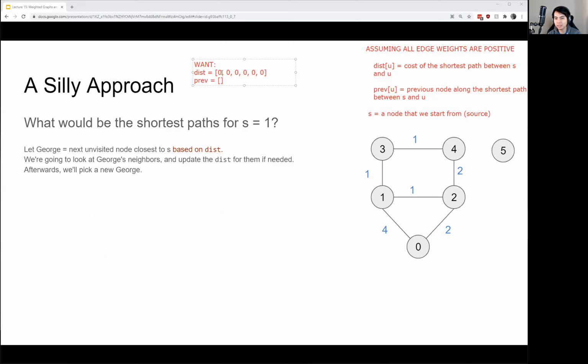The distance from 1 to itself will be 0. The distance from 1 to 2 will be 1. The distance between 1 and 3 will be 1. The distance between 1 and 0 will be 3 because we go from 1 to 2 to 0. The distance between 1 and 4 will be ideally 4. And the distance from 1 to 5 will be infinity, right?